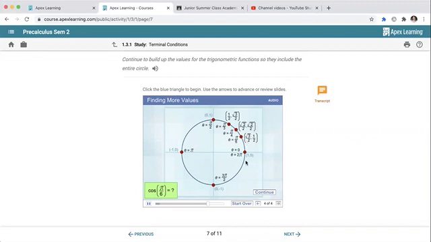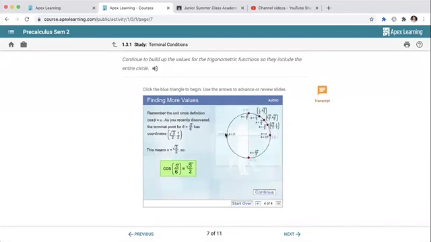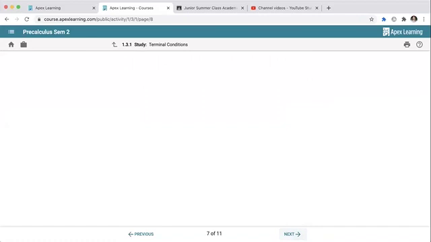So the answer there should be square root of 3 over 2. Now that we have pretty much these 4 major points here in quadrant 1, it's going to make it a lot easier for us to be able to pick up on some of these trends here.